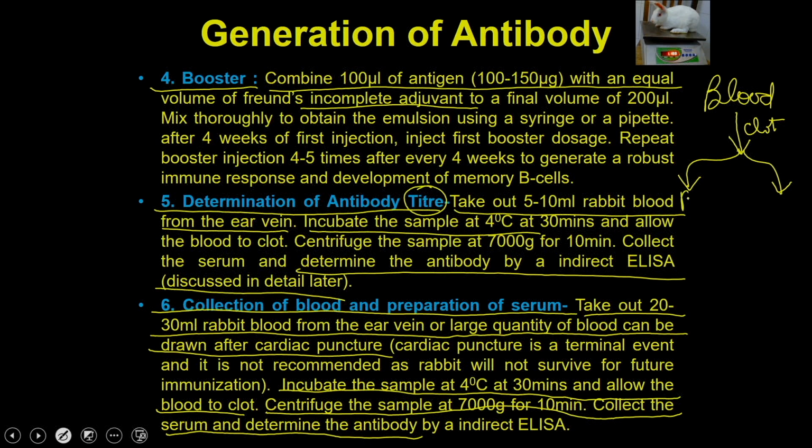One fraction is the blood cells, which form the clot, and the second is the liquid part, which is the serum. That is a yellow-colored serum you get after the clotting reaction.